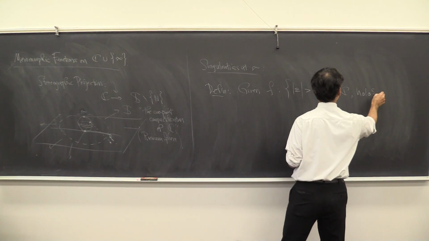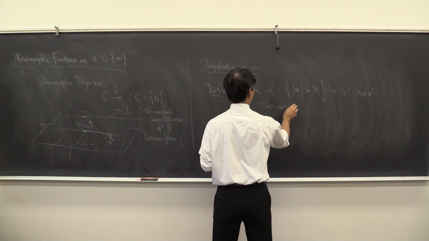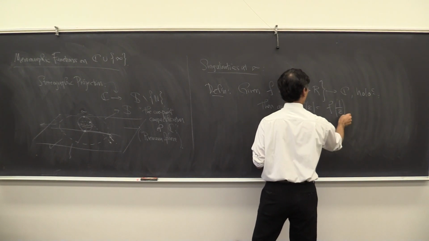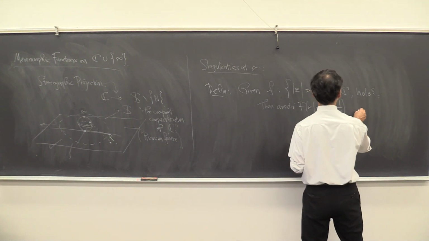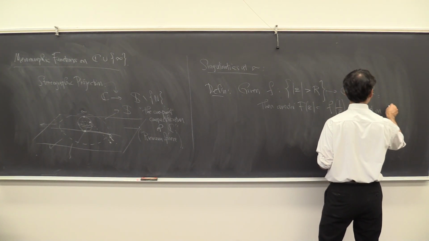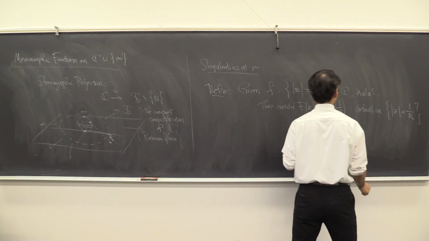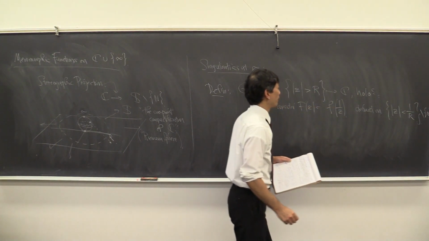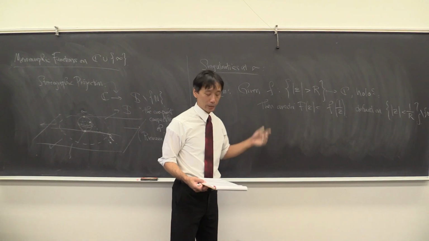And suppose it's holomorphic. Then consider F of z being big capital F being little f of 1 over z. That will be defined on absolute value of z less than 1 over r, excluding 0. And it may have some singularities, where the original function is 0.